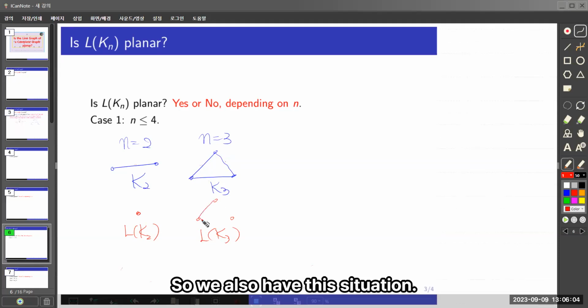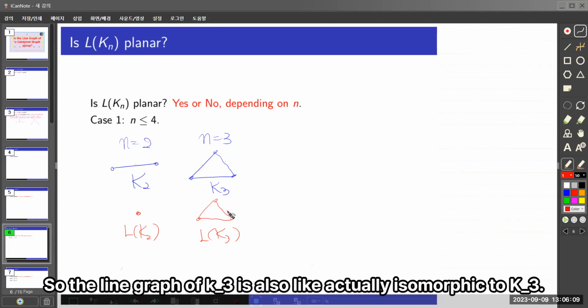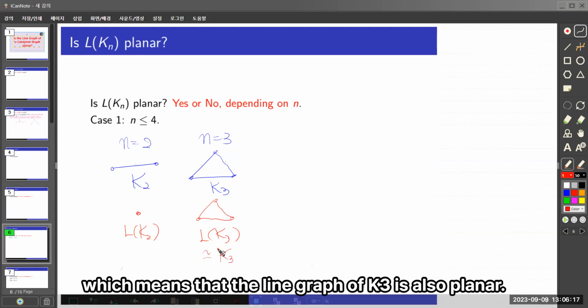So we also have this situation. The line graph of K3 is isomorphic to K3, which means the line graph of K3 is also planar.